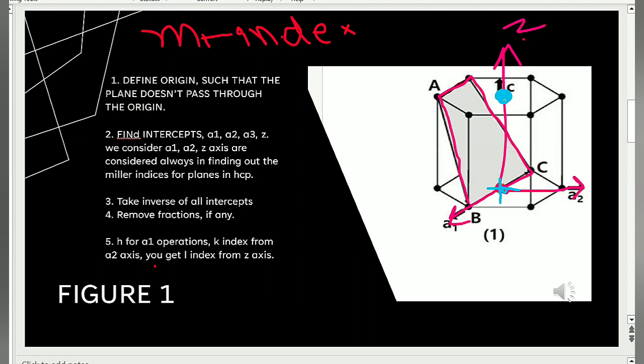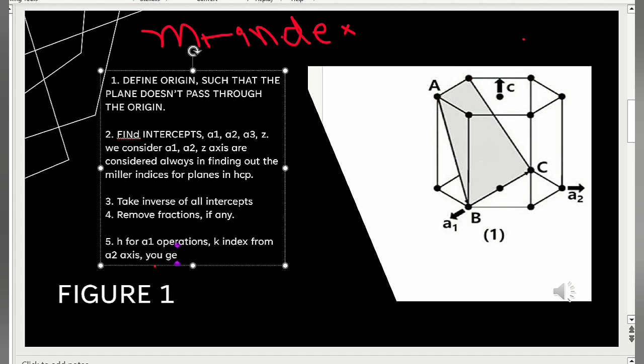Let me draw the new coordinate system now, and we have to forget the previous coordinate system.